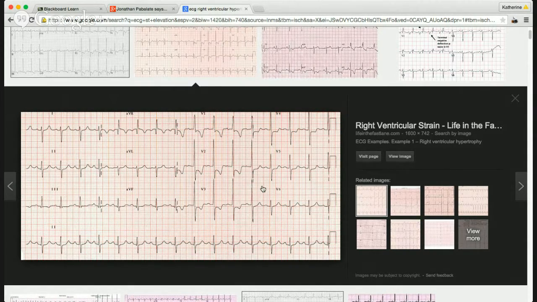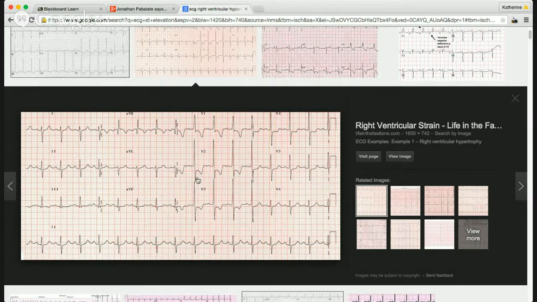For left ventricular hypertrophy, I look first in lead V1 for a large S wave, which is not abnormally large, and in V5 for a large R wave, and this is also not abnormally large. It's mostly an isoelectric QRS in lead V5, so no evidence of left ventricular hypertrophy.